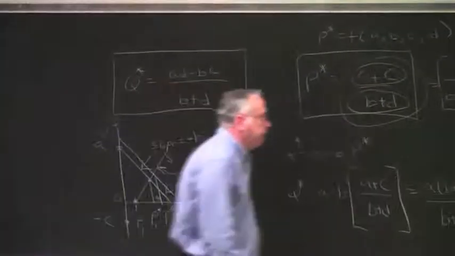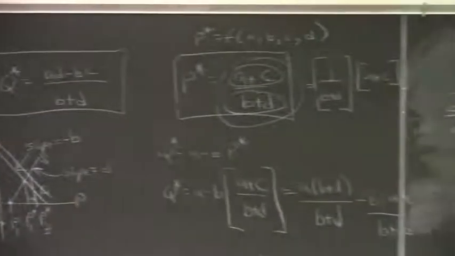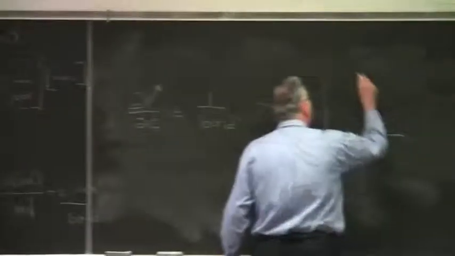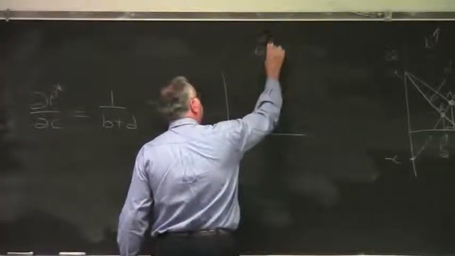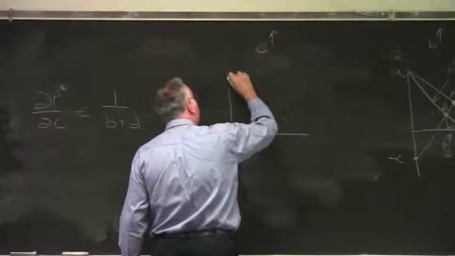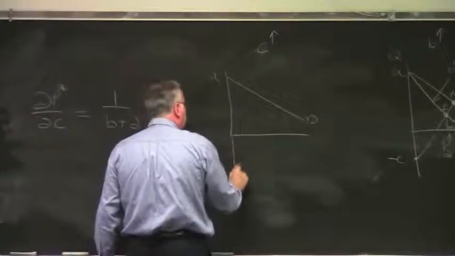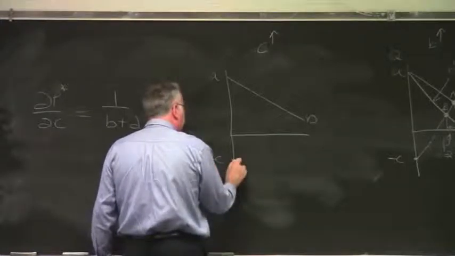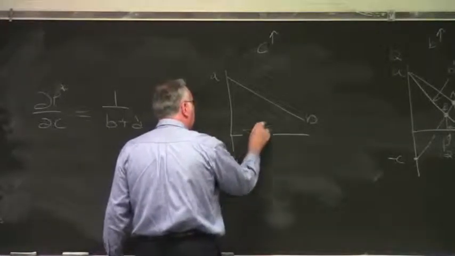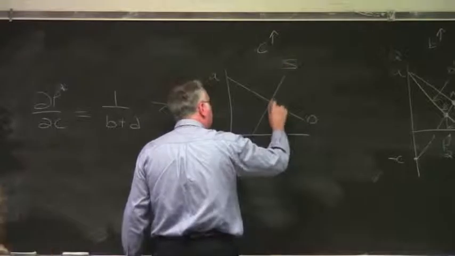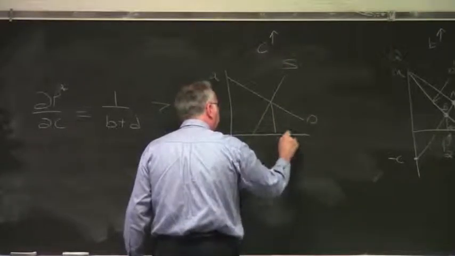Let's show that. Let's illustrate here the case where the parameter C gets bigger. Here's our demand. Here's our supply. Here's our original equilibrium price.